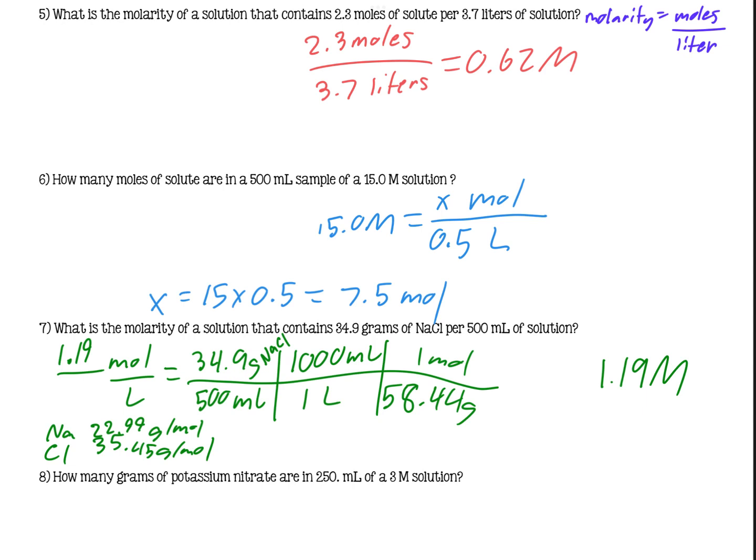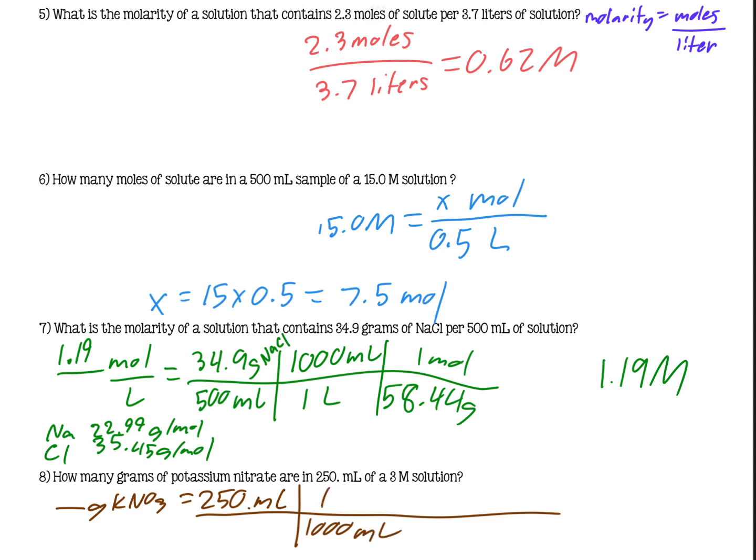Lastly, we want to know how many grams of potassium nitrate are in 250 milliliters of a 3.0 molar solution. Starting with 250 milliliters, we know that there are 1,000 milliliters in 1 liter.